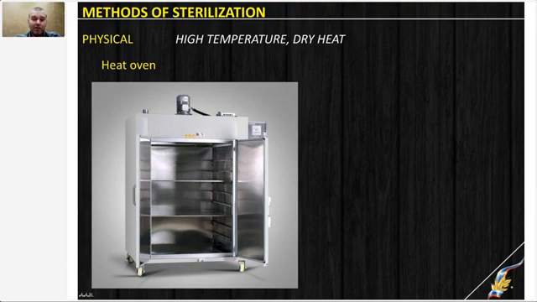We can easily sterilize different glassware, metal instruments, cotton swabs, some types of powders. They will not wet, they will not change their structure. And that method is highly available in any laboratory.